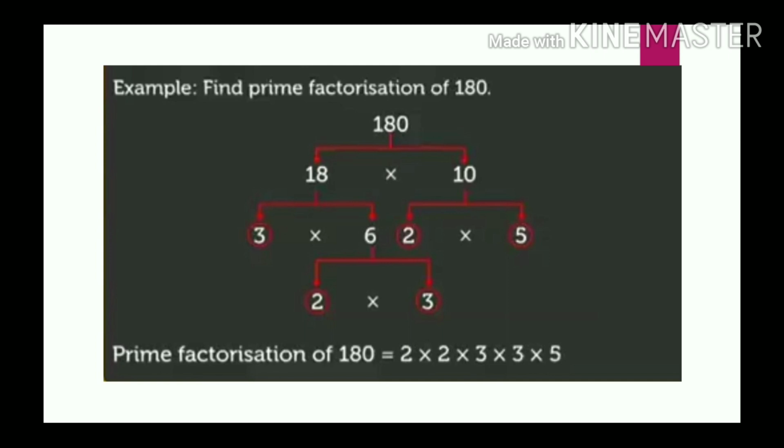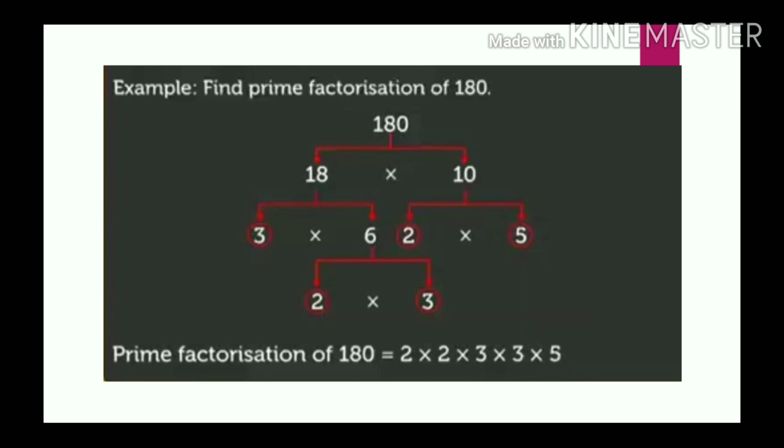Find the prime factorization of 180, which is the same as previous. Now we have to do this with the factor tree method. So first we divide 180 into two product form, 18 into 10.